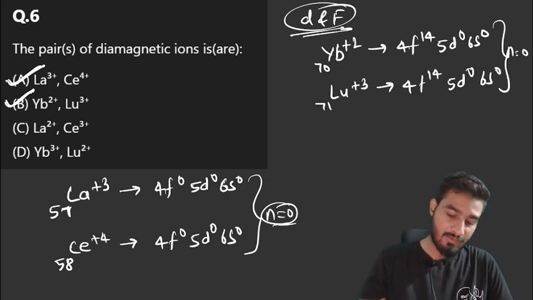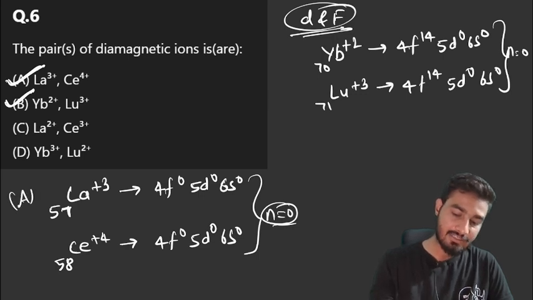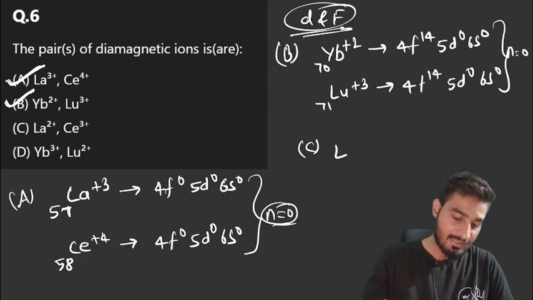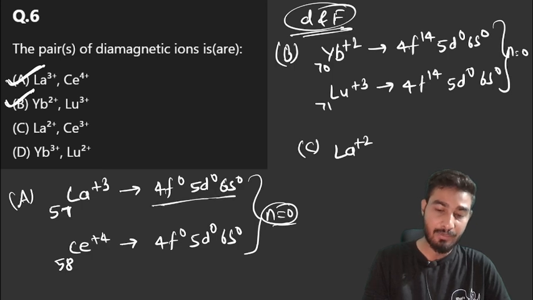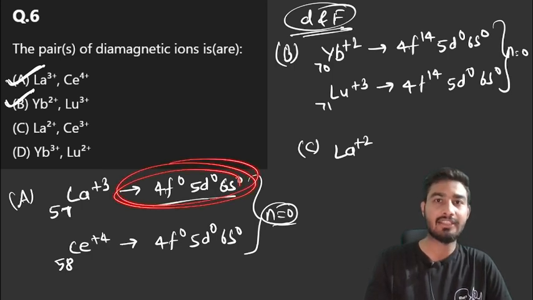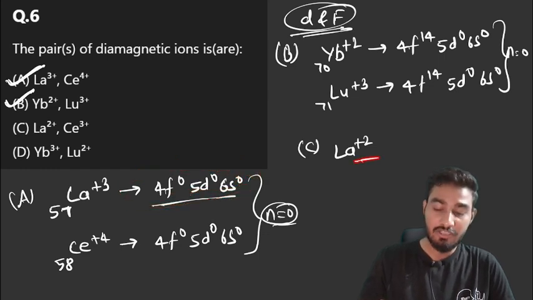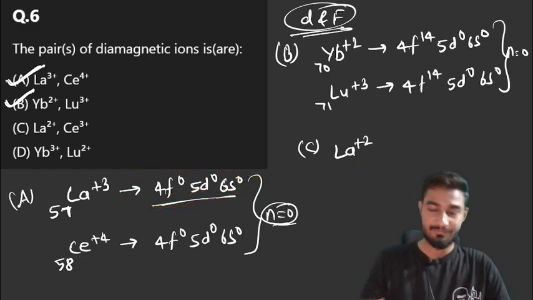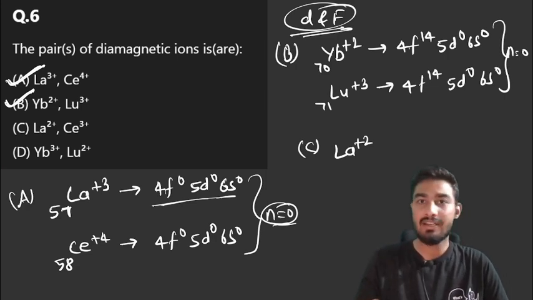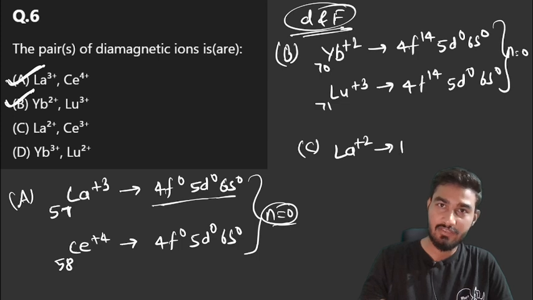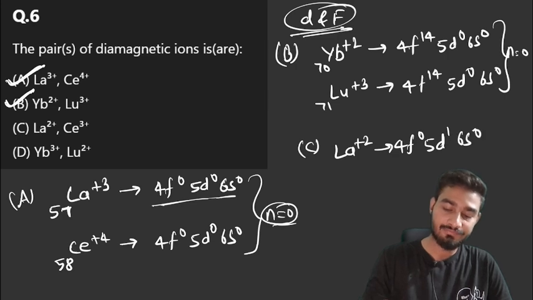Now we check option C. Lanthanum plus 2: in plus 3 there is no unpaired electron, but in plus 2 one unpaired electron will be there. That is paramagnetic, with configuration 4f0, 5d1, 6s0.